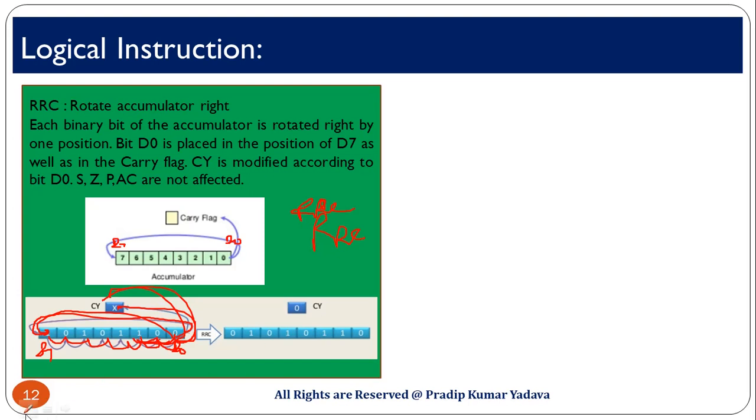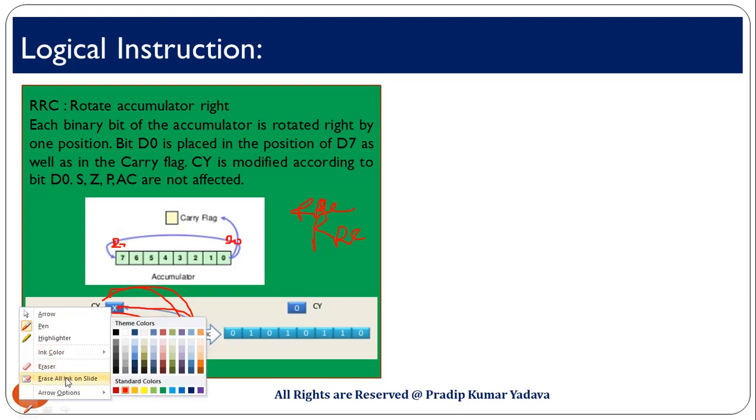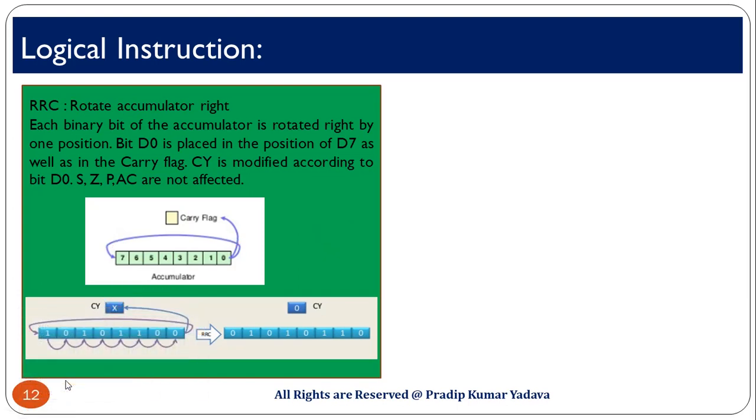Let me explain it again, just listen, see the content of this. What happened the first time? This will be shifting here and this will be shifting here. In this example, 0 will be here, 1 here, and this one here and 0 here.